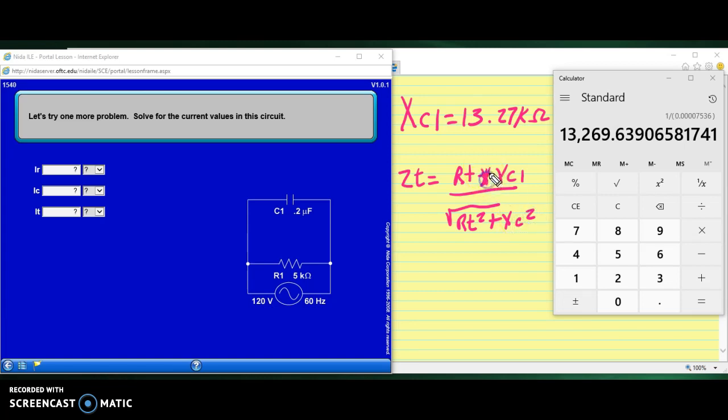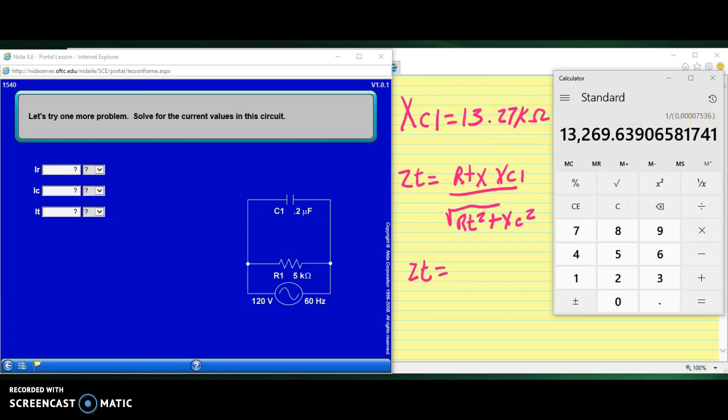And this should be a times, not a plus, so let me fix that for you because that can change everything. So ZT is now equal to, R total is 5K, X of C1 is 13.27.